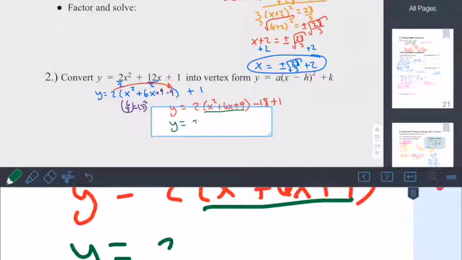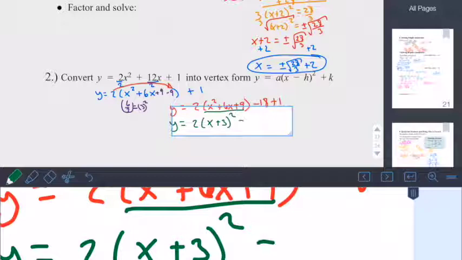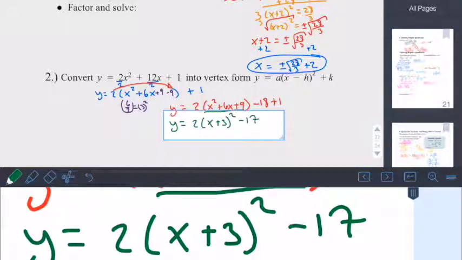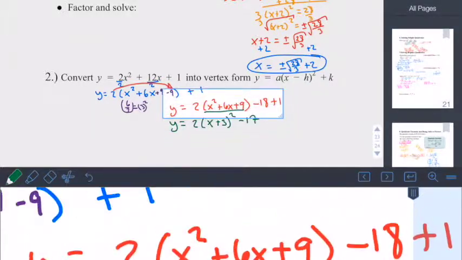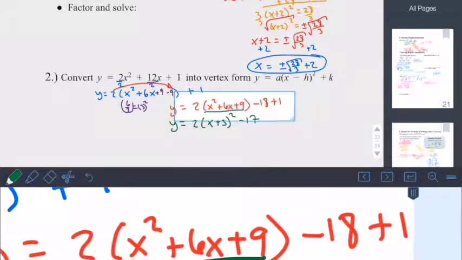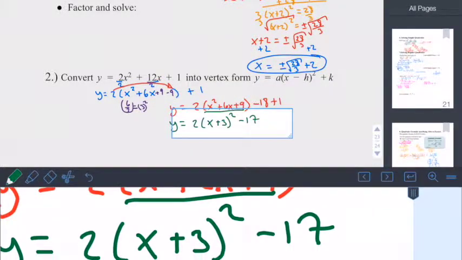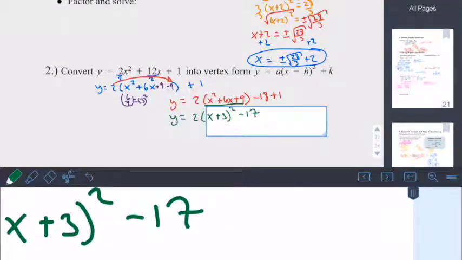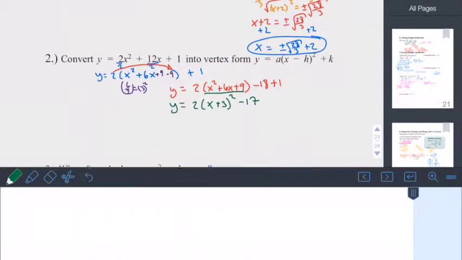So I get 2(x plus 3) squared minus 17, right? If I say x squared, we get x squared. 3 times 3 is 9, and then 3x and 3x will give us 6x. You can check it with that Punnett square. But now I got my vertex of negative 3, negative 17 if I wanted that. And that wasn't that bad.